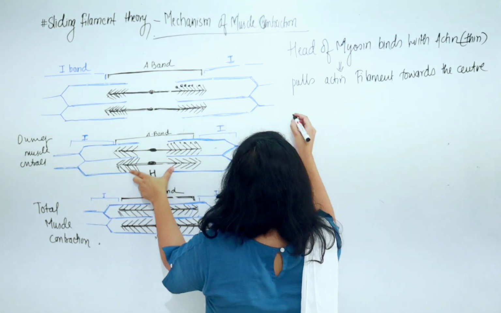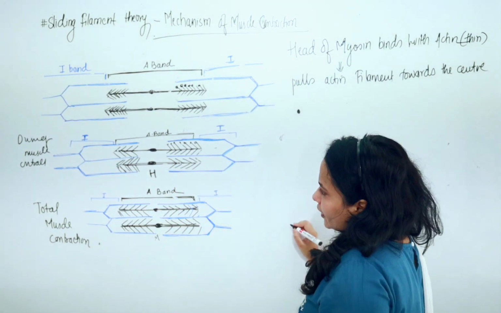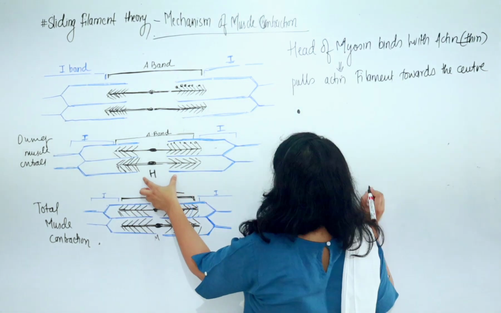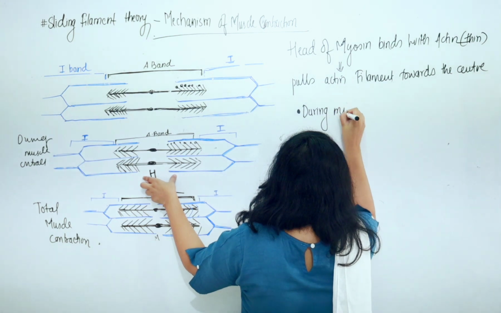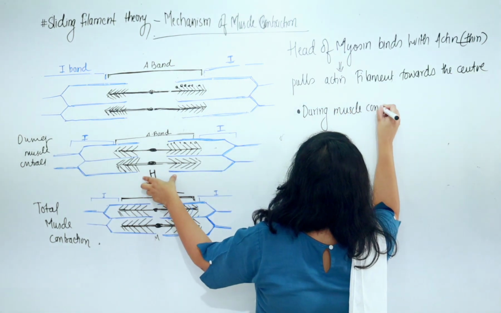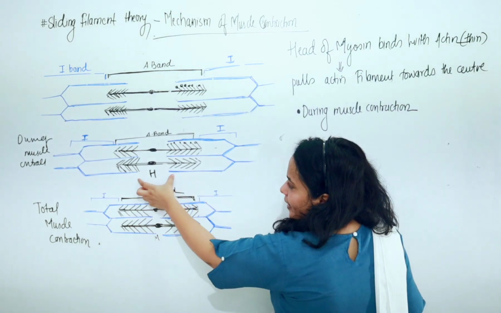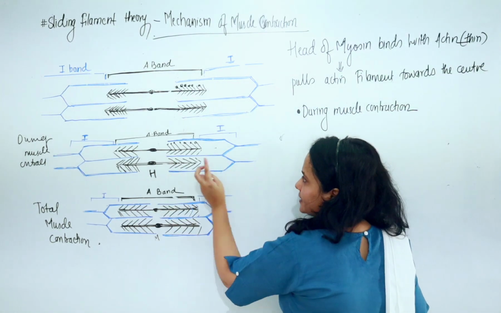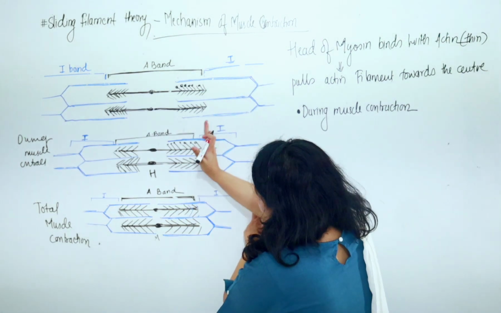Now, what are the consequences? What happens? Important point. During muscle contraction, what will happen? H zone starts decreasing. So you can see that I band is still here. I band has also been pulled inside.